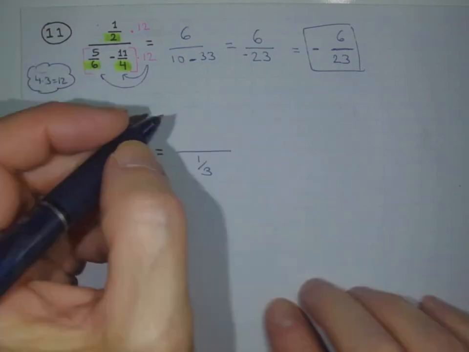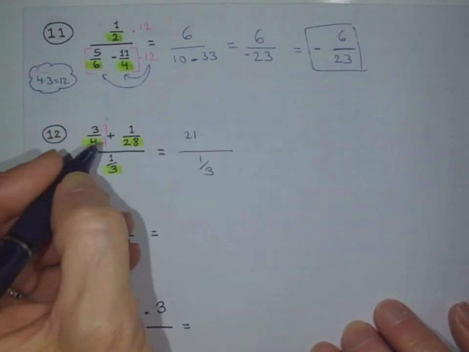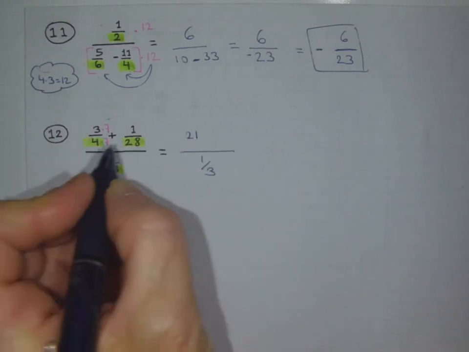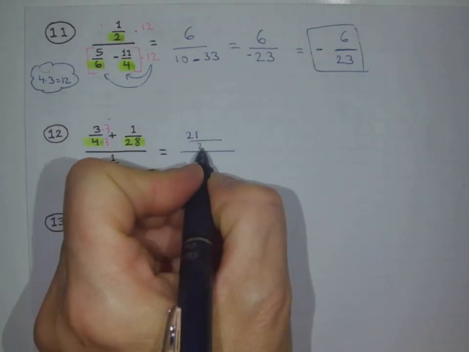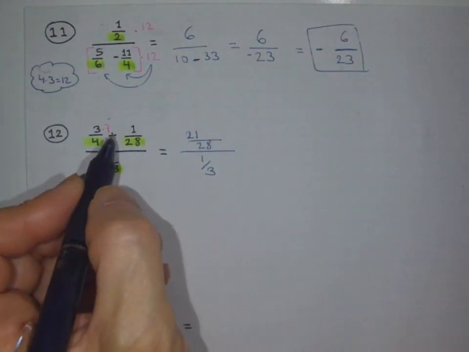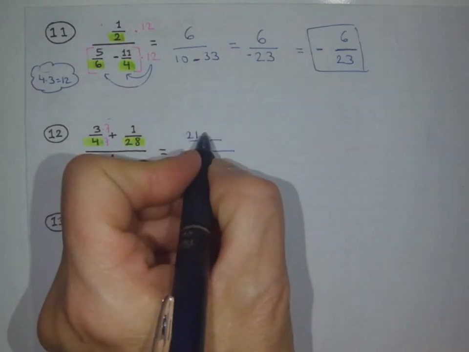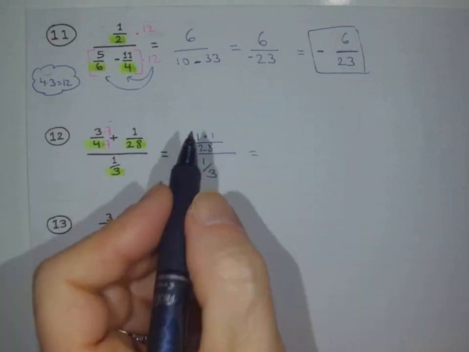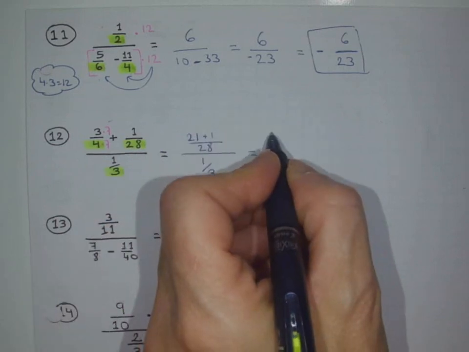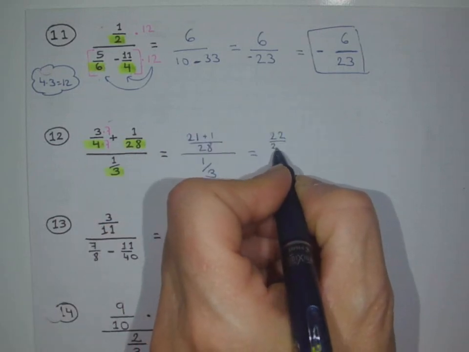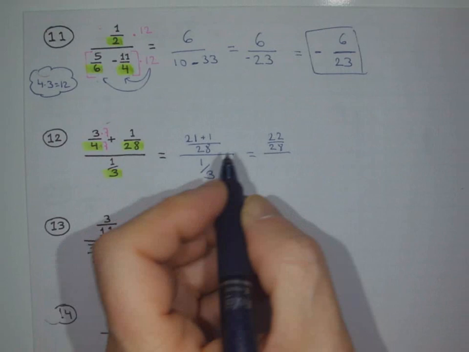So I have 21 over 28, right? It's now my common denominator is 28. And then here I already have a 28, so I don't need to do anything to the 1, so just plus 1. Simplify that. 21 plus 1 is 22 over 28, divided by the 1/3 we didn't do anything with yet.